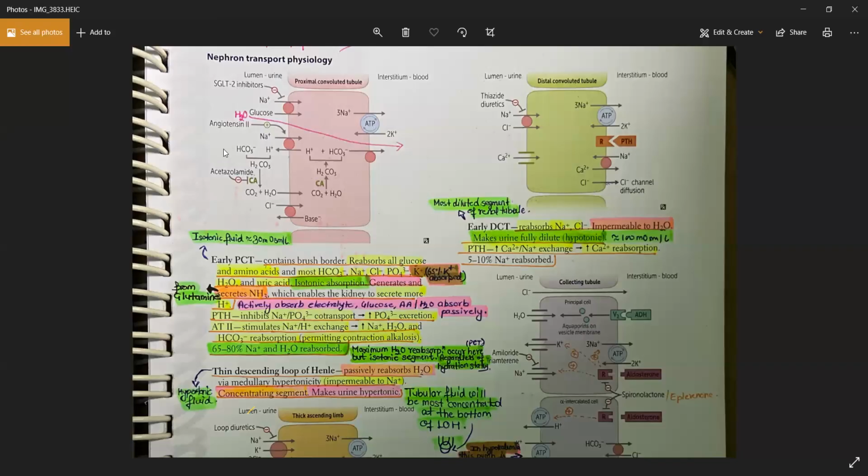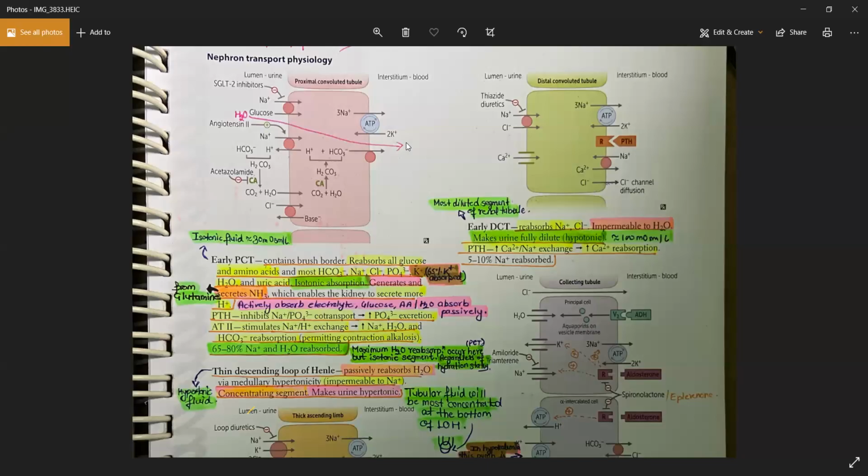Now around 65 to 80% of the sodium and water get reabsorbed in the PCT. The remaining will be reabsorbed in the later part of the tubules. And please note that the membrane of this PCT is permeable to water. That means the water can directly cross the membrane of this PCT, without any transporters.